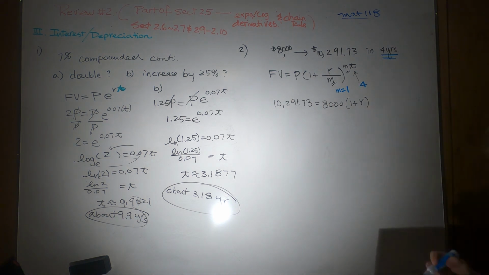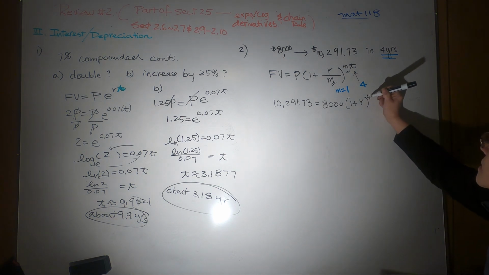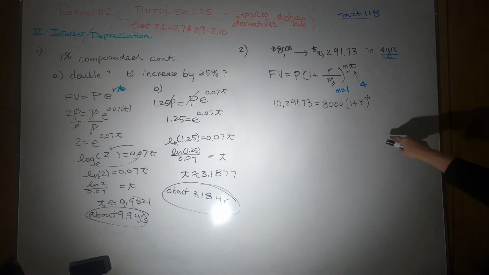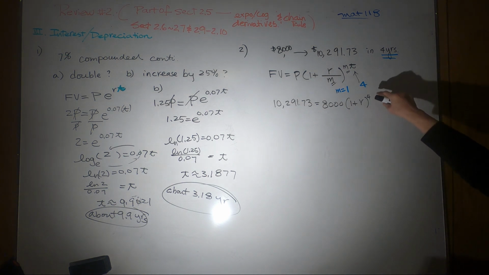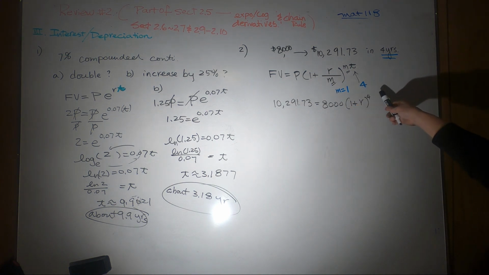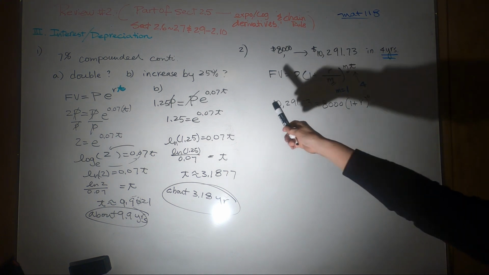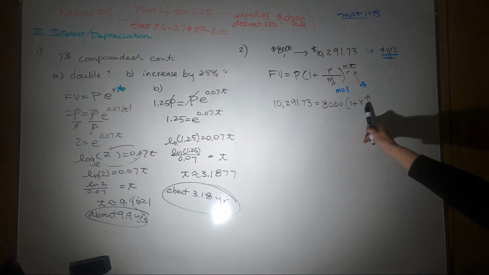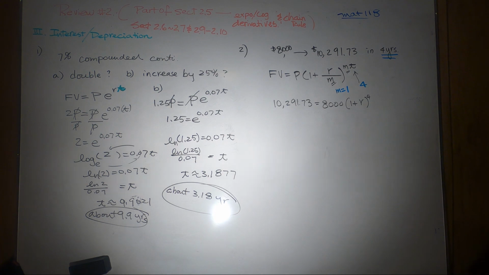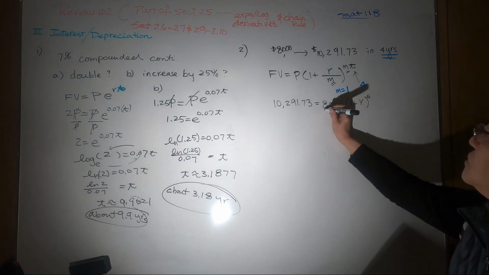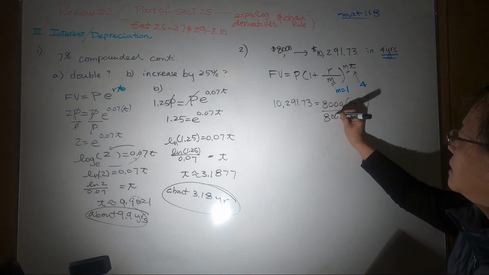So your T is 4. So the thing we are going to find is not in the exponent position, not like those, right? It's in the base. So it's a little different skill to solve, right? So what do you do? Find your R.